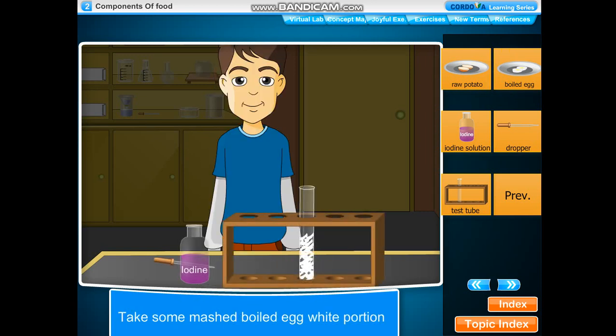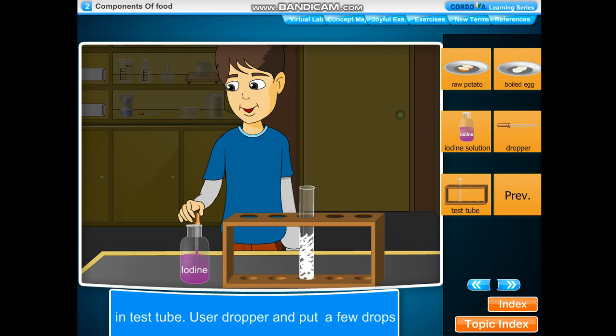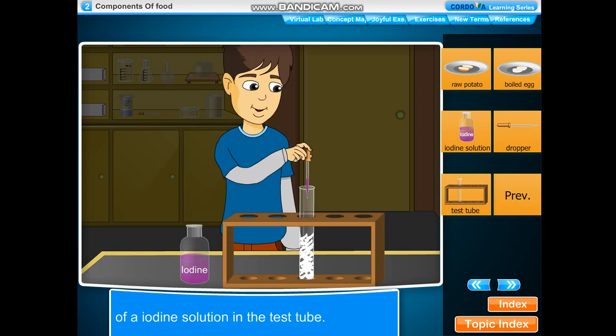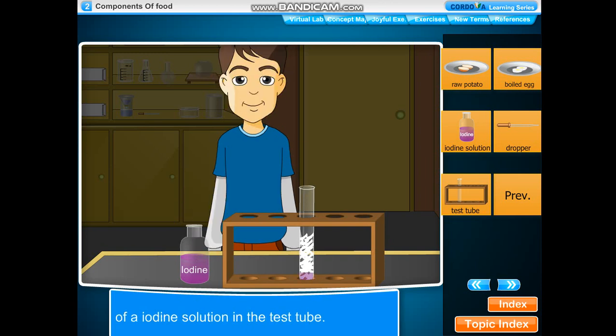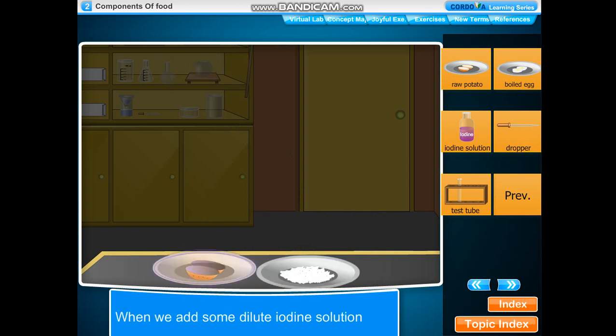Take some mashed boiled egg white portion in a test tube. Use a dropper and put a few drops of iodine solution in the test tube. Observation: when we add some dilute iodine solution to the cut raw potato, a blue-black color appears where the iodine drops fall.